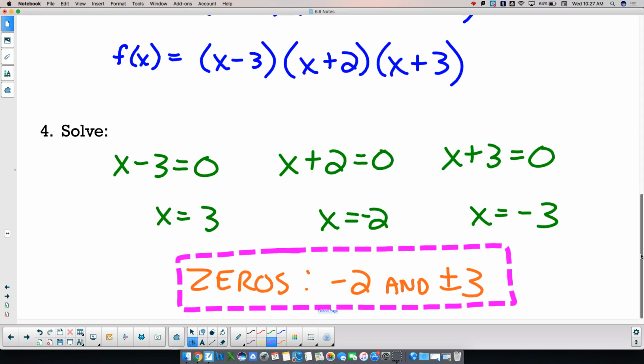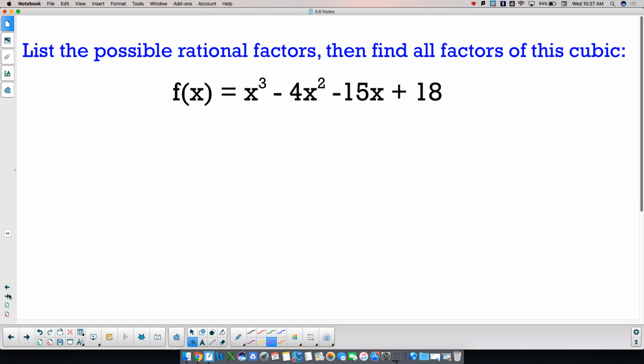Okay. List all the possible rational factors, then find all the factors of this cubic. Okay.